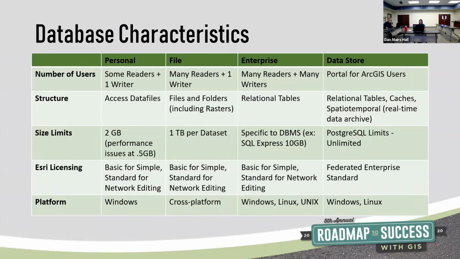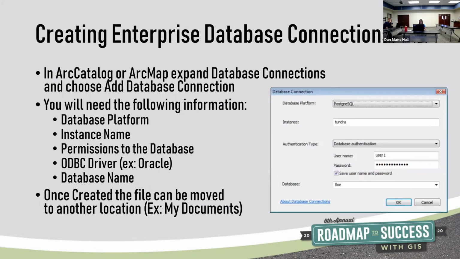All right, let's see here. All right, so now we're going to talk about creating database connections to those enterprise databases. This is really important because sometimes some of these are already created for you, and you might have to know how to transfer that connection to another machine or to somebody else in the network.